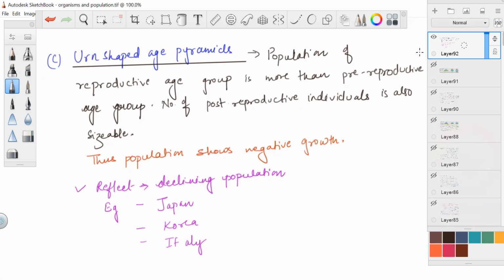I'll stop here only. We will be seeing growth models next class. So many graphs you will be seeing, and factors.